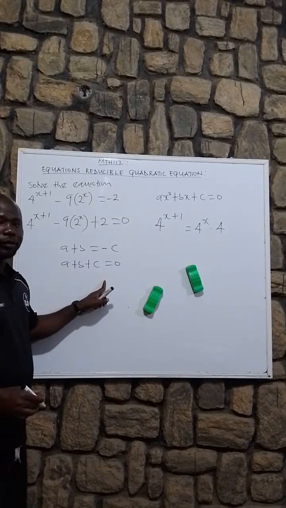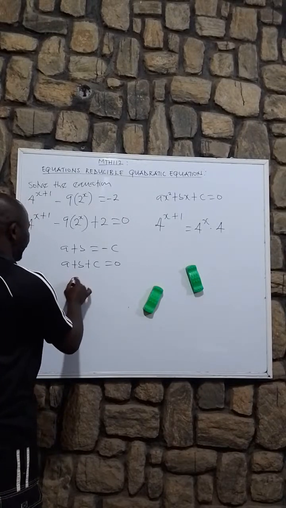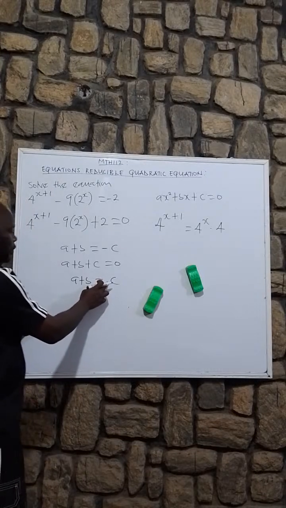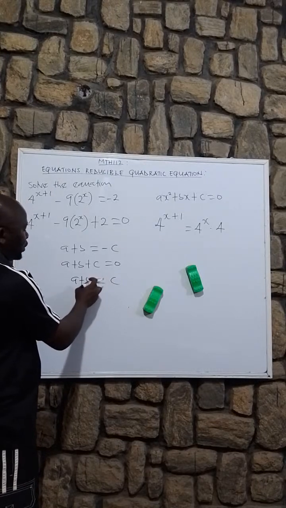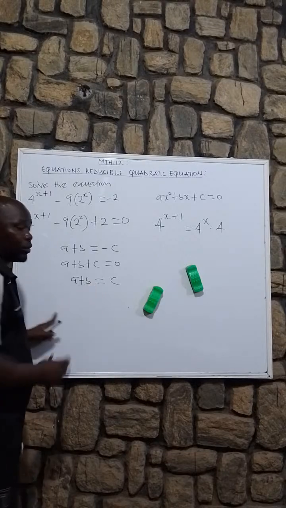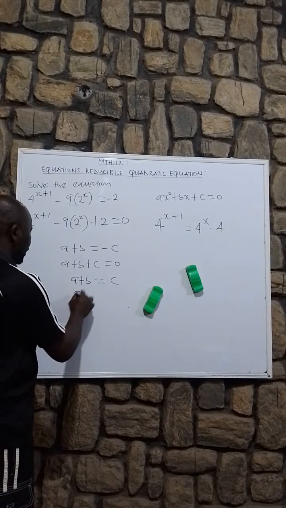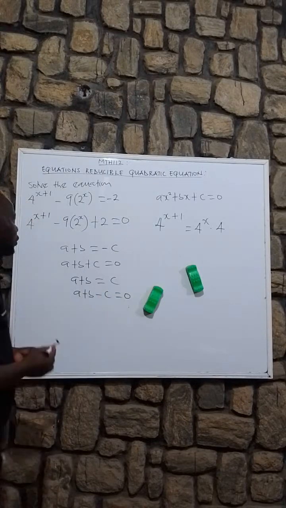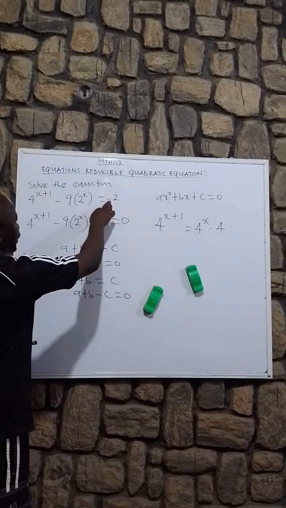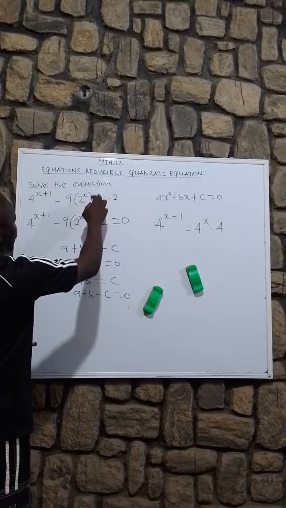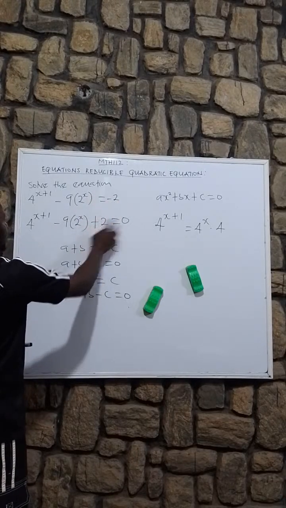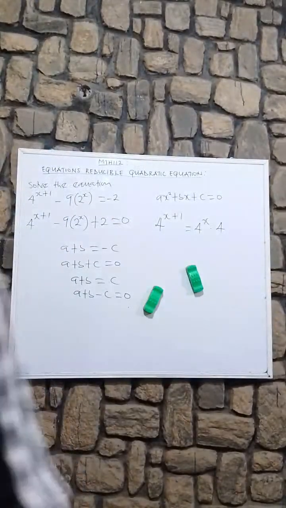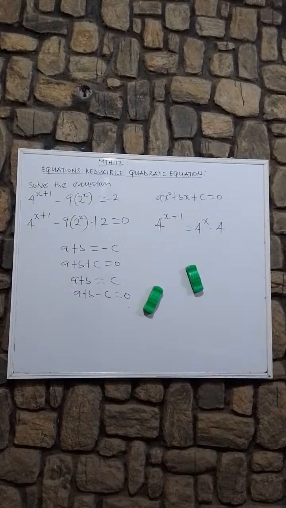Like the same thing, assuming you have a plus b equals to c, if plus crosses the sign of equality it becomes minus. So a plus b minus c equals to 0. Take note. So as it is, minus 2 crossing the sign of equality becomes plus. This is equals to 0. Do you understand? Are you following?